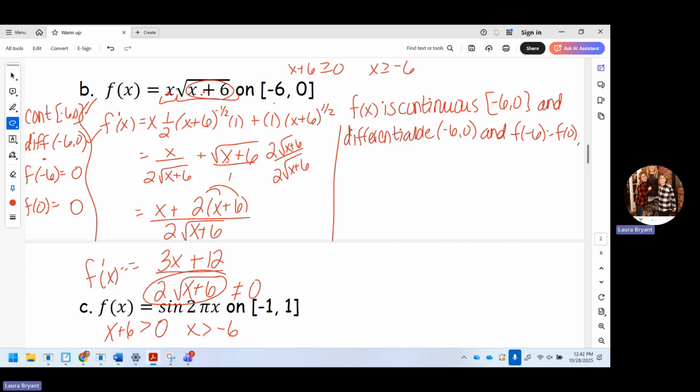And so Rolle's theorem says f prime of c will equal 0, where c is between -6 and 0.